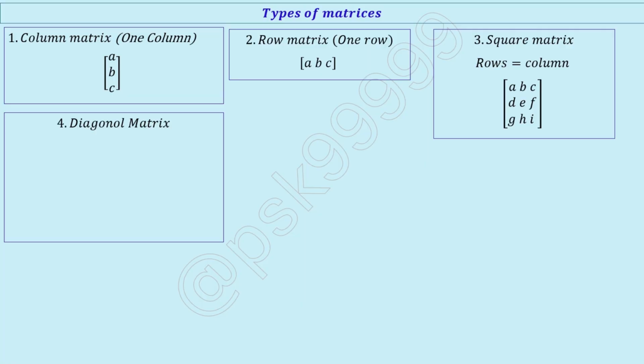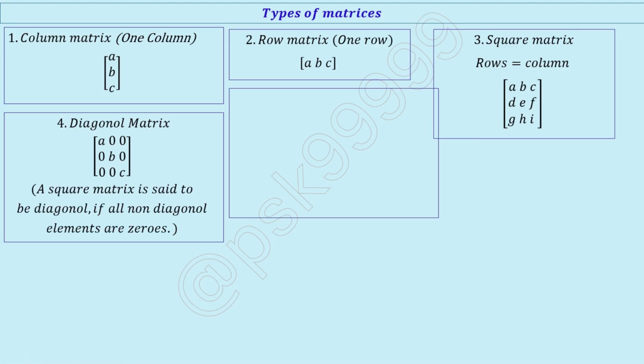Then diagonal matrix. Diagonal matrices are normally square matrices where the diagonal elements are non-zero and the elements other than the diagonal are zeros. A matrix has only one diagonal, nothing major or minor. This is the diagonal, where if you represent elements by index a_ij, with i equal to j, then this is called the diagonal. Now the identity matrix is a diagonal matrix where the diagonal elements are ones and the rest are zeros.